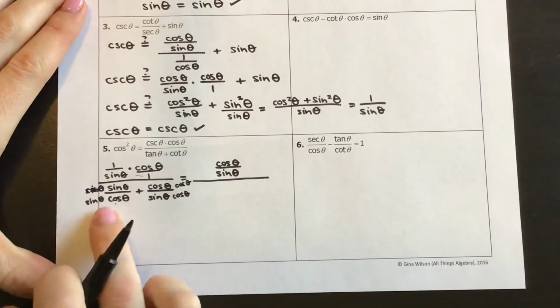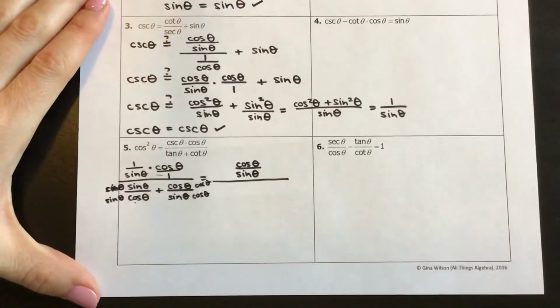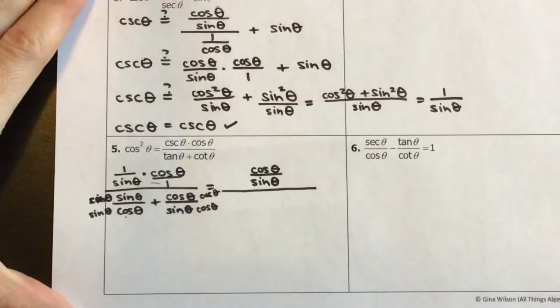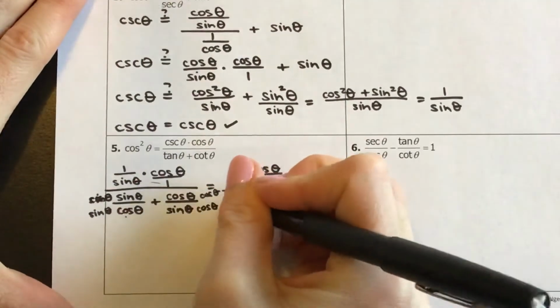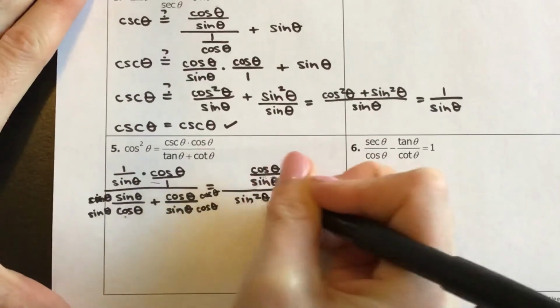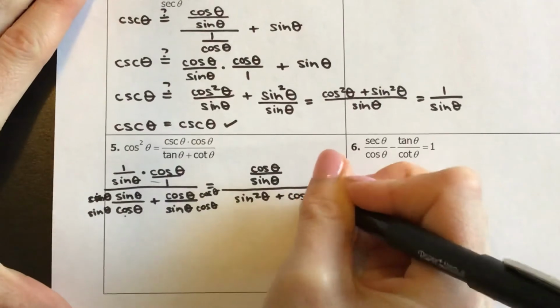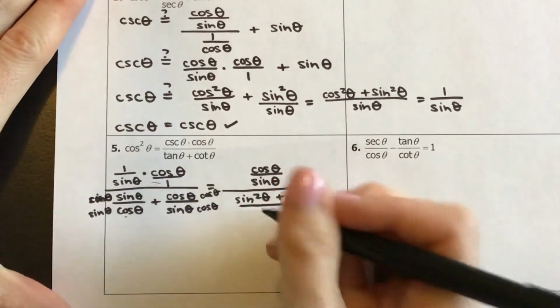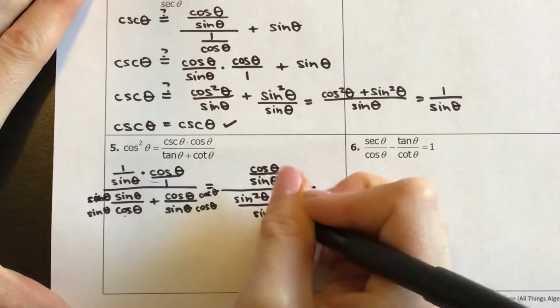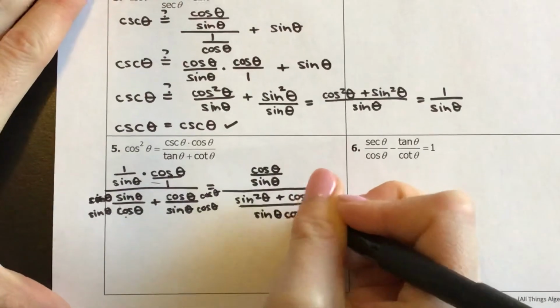Now they both have a sine and a cosine, which means the denominators match. So this one, sine times sine would be sine squared, plus cosine times cosine would be cosine squared, over my new common denominator of sine times cosine.